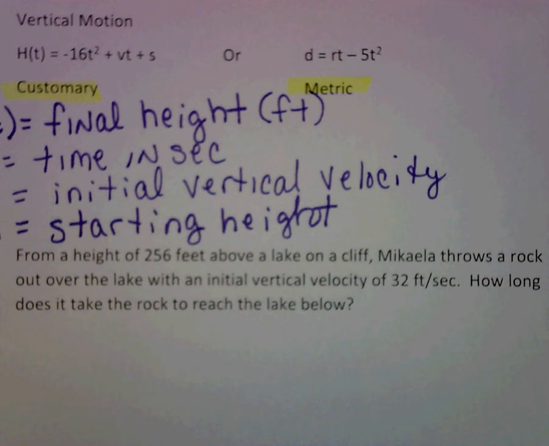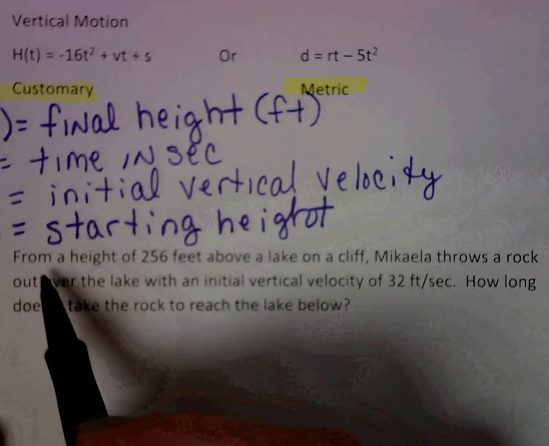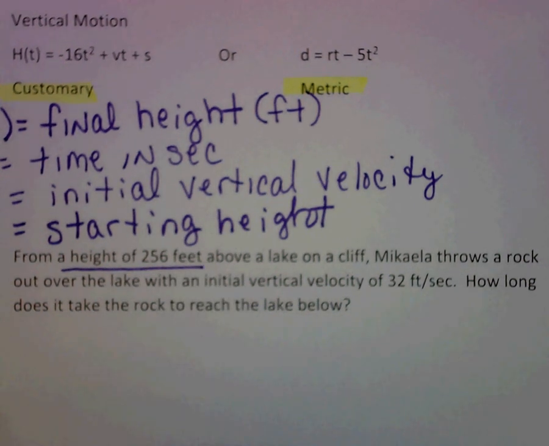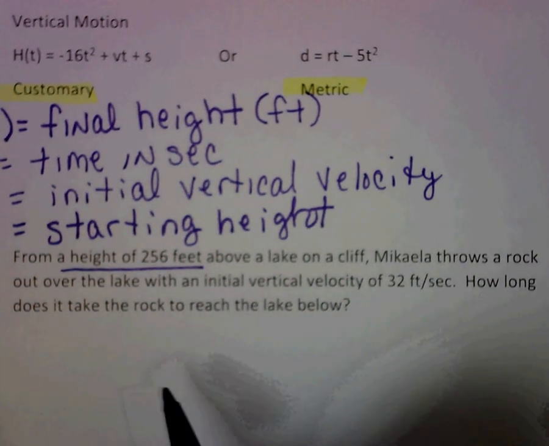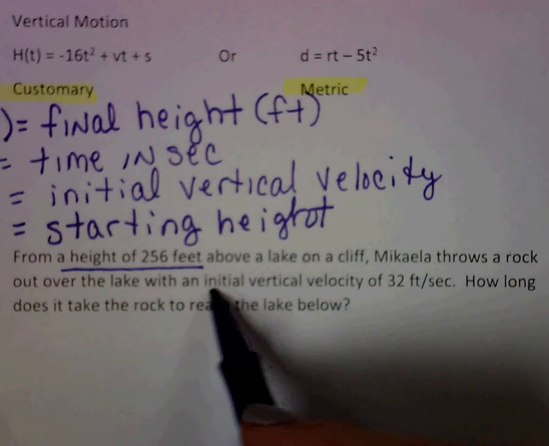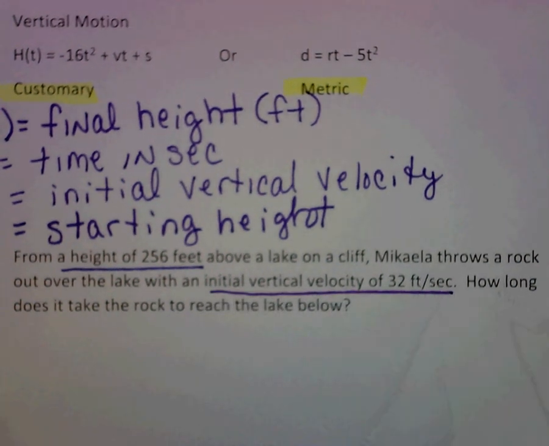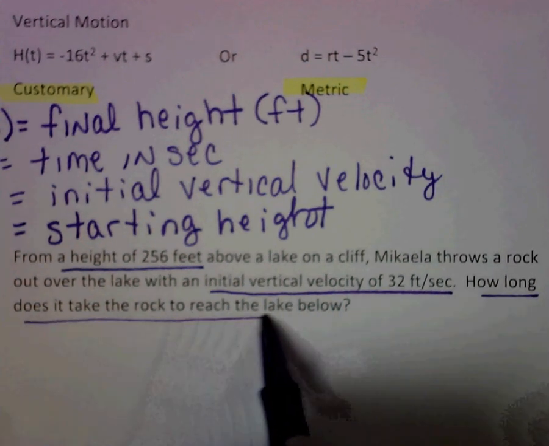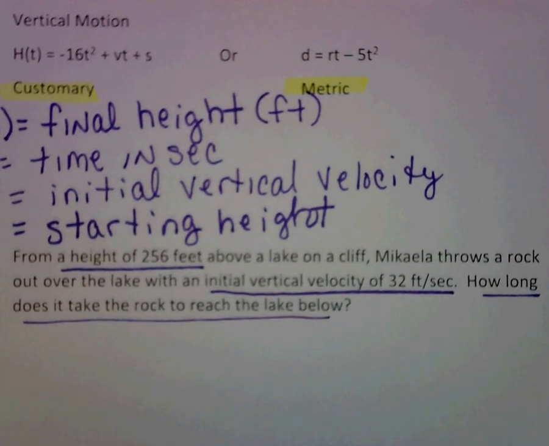Okay, so looking at this, it says from a height of 256 feet above a lake on a cliff, Michaela throws a rock with an initial vertical velocity of 32 feet per second. How long does it take to reach the lake below? So we're looking for the time, so we know t is going to be our variable in the problem.